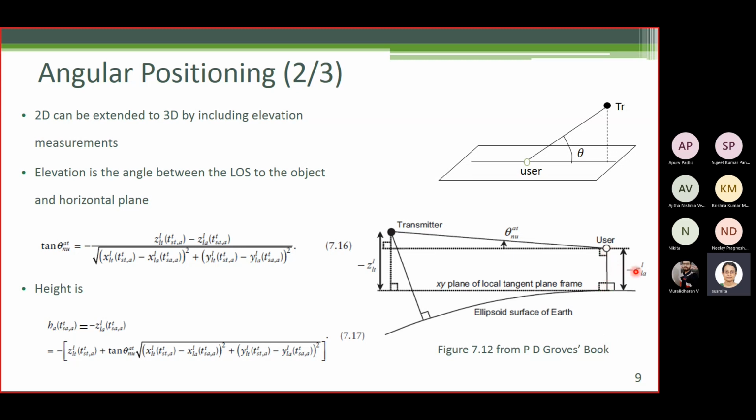In the upward direction, it is negative. That's why they have put a negative sign here. So we are interested in finding the z coordinate of the user. We have already determined the x and y coordinates using bearing measurements, and we have made the elevation angle measurement to a particular transmitter.